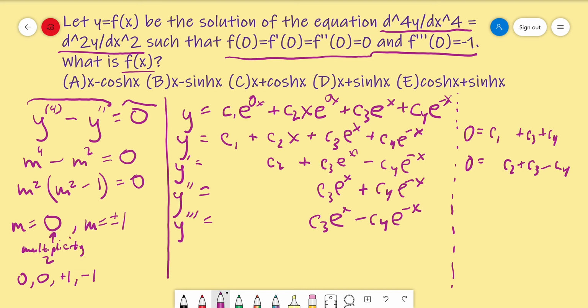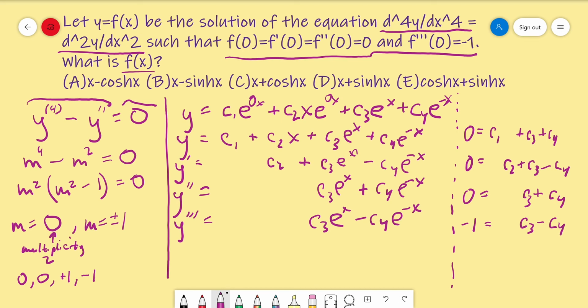Y double prime of 0 is also 0, equals C3 e to the 0, that's just C3, plus C4 e to the minus 0, that's just C4. And y triple prime of 0 equals negative 1, so we have to put in negative 1 here, and then C3 e to the 0, that's just C3, minus C4 e to the 0, that's just C4.